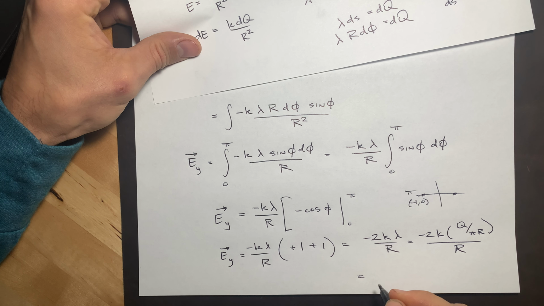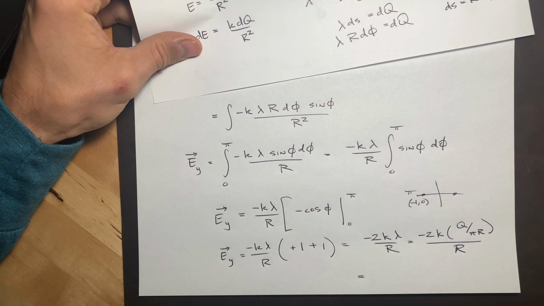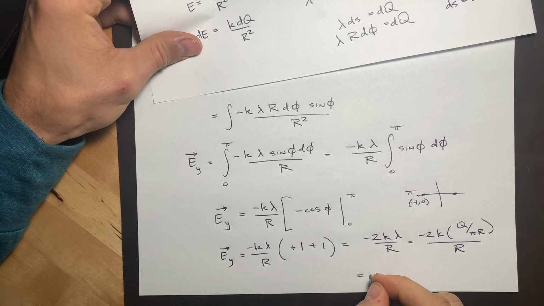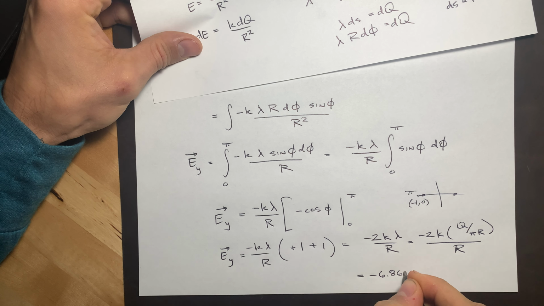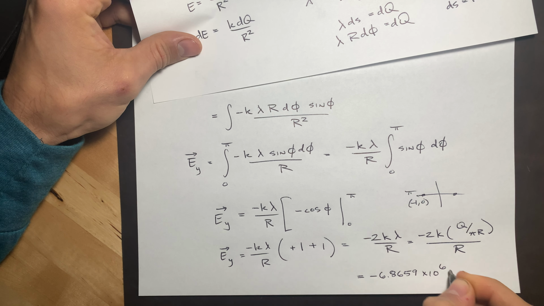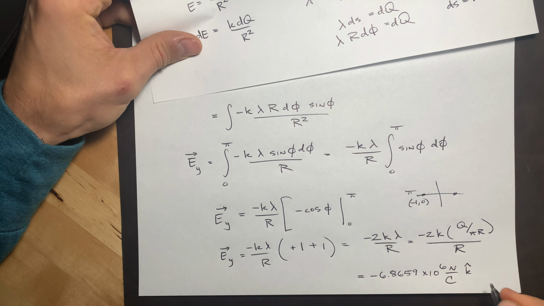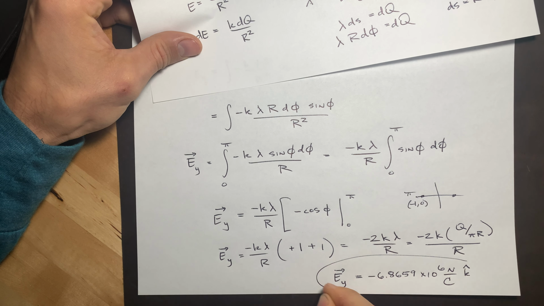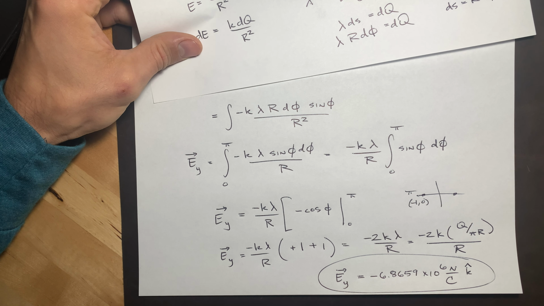And plug in these numbers, and I think you get the answer you're supposed to get. When I did it, here's what I got: negative 6.8659 times 10 to the 6 newtons per coulomb. And technically that's k hat. So that's the electric field in the y direction.